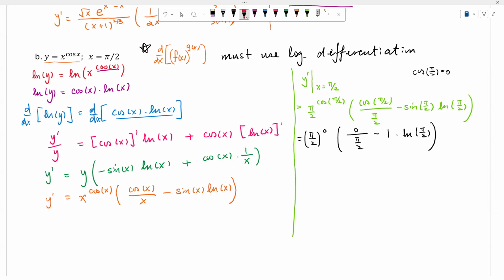Then we have 1 times 0 minus natural log of pi over 2. And my answer will be negative natural log of pi over 2.